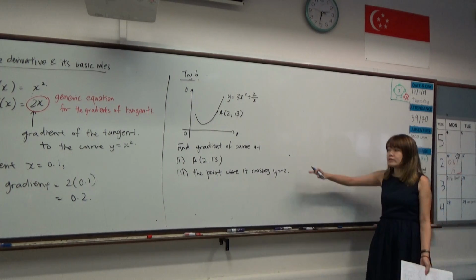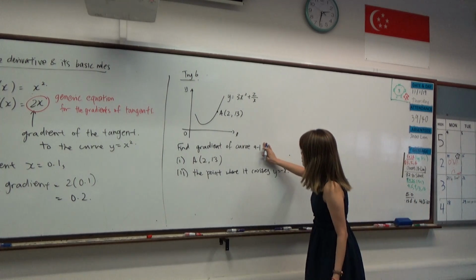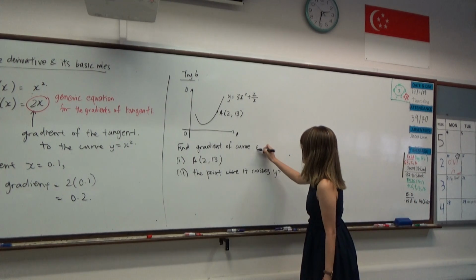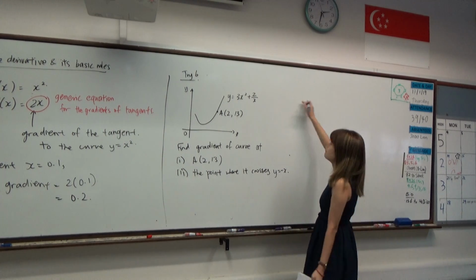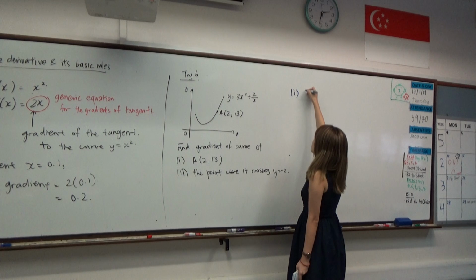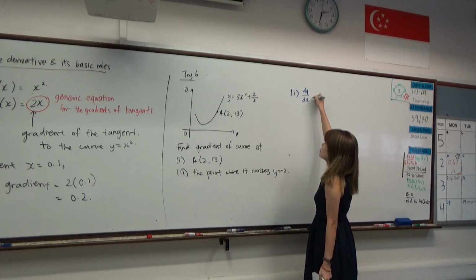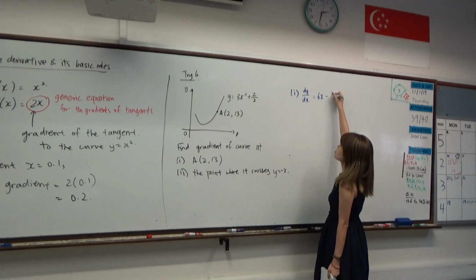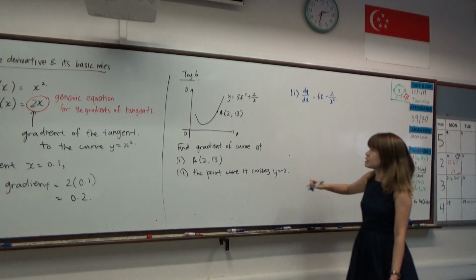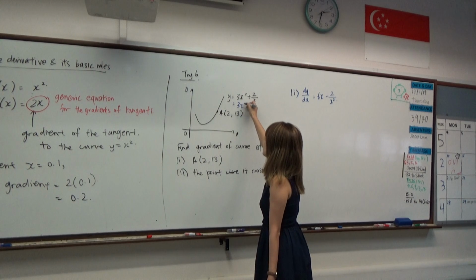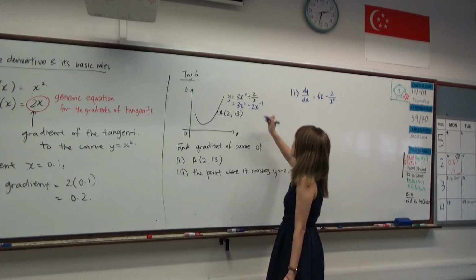So what we have to do in this case is to first differentiate the function of the curve. So part 1, dy over dx will give us 6x minus 2 over x squared, because this is 3x squared plus 2x.